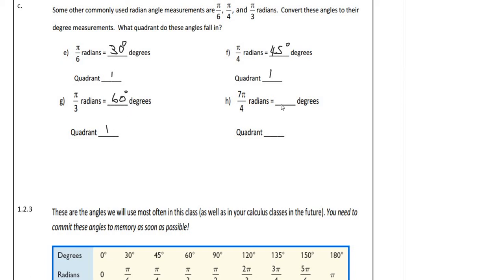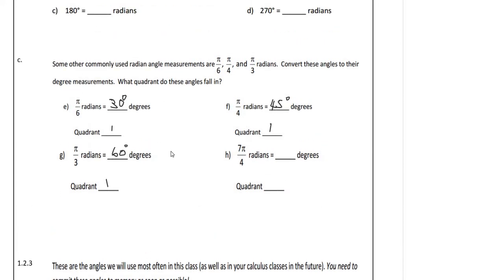What will 7 pi over 4 be? Anybody? 330 degrees. Say again? 330 degrees. 300 and? Oh, it's 300.